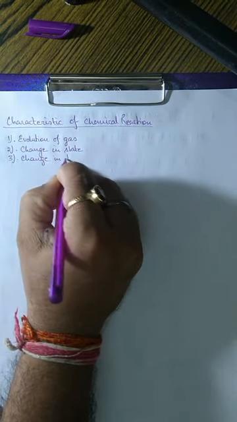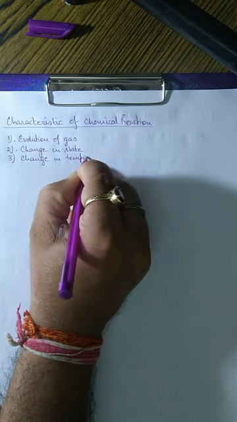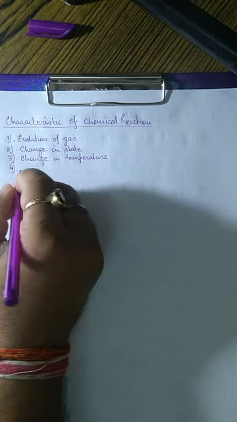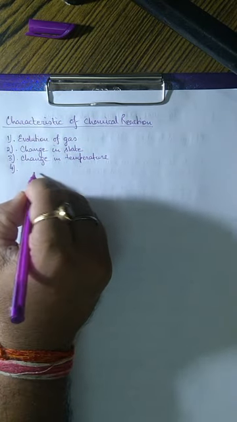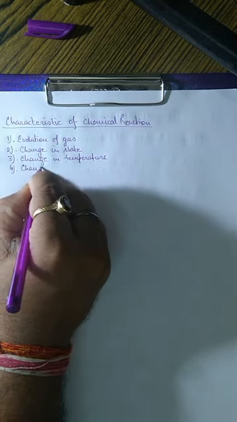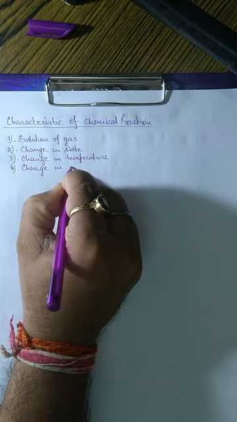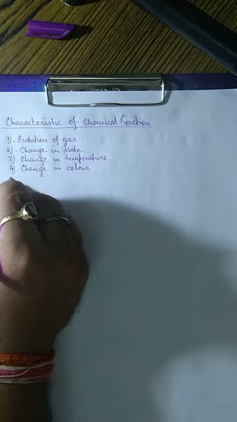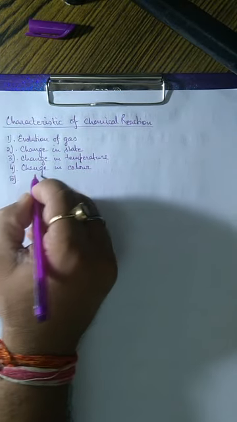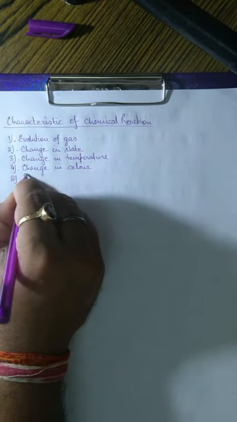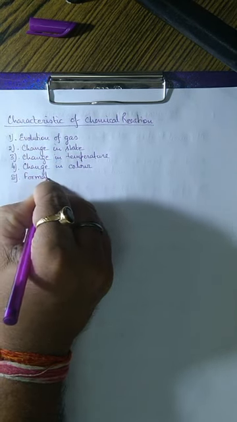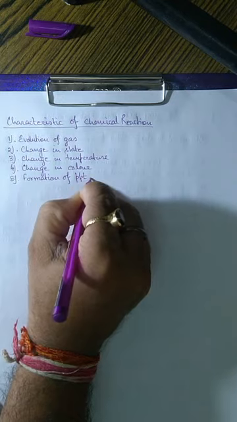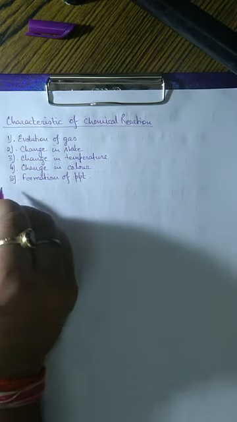Fourth characteristic is change in color. And the fifth one is formation of precipitate. One by one we will discuss.